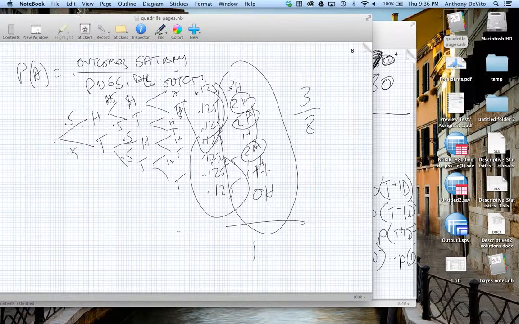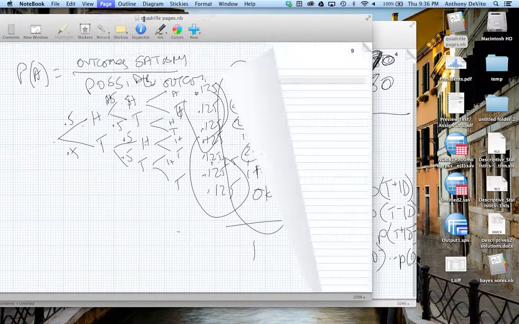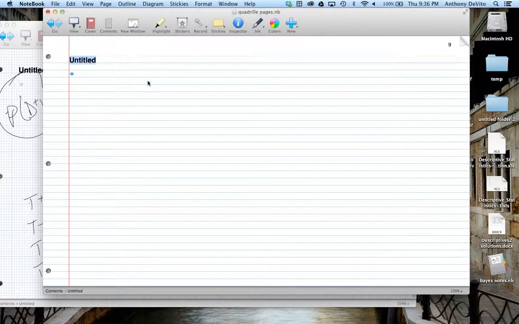So now things get a little bit more complicated when it's not equal probabilities. Let me get a new page. Okay. If we have a couple of answers to test questions, let's say the probability of getting the first question correct is 80%.